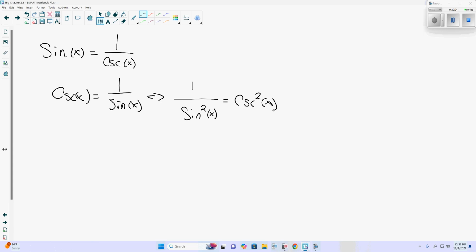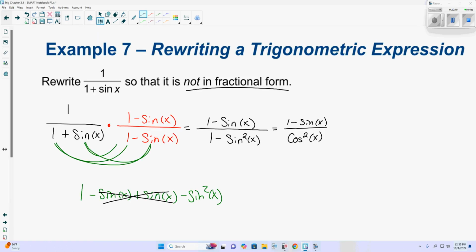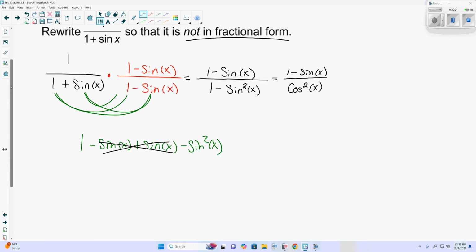I could rewrite it as 1 over the other and get back there, yes? Now, of all of those reciprocal functions, do any of them have 1 plus sine or 1 plus cosine, 1 plus c? We don't have that. And that's what the issue lies in, just being able to rewrite it.